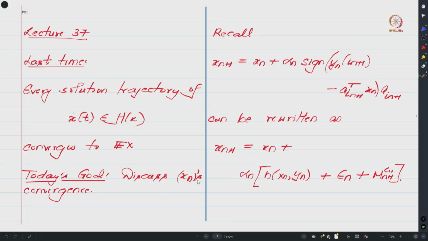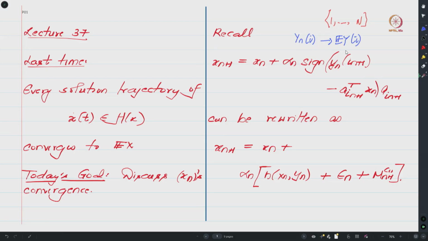Recall that x_n had the update rule given here: x_n plus alpha_n times sign of (y_n(i_{n+1}) minus a_{i_{n+1}} transpose x_n) times a_{i_{n+1}}. Here i_{n+1} was sampled uniformly from the set of indices 1 to n, and this little y_n, at least for honest coordinates, tries to approximate expected value of y(i). So it basically takes the running average of the observations for this coordinate y(i).